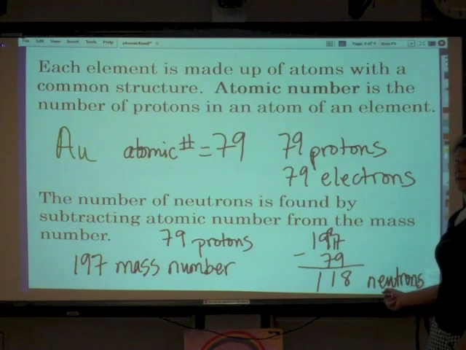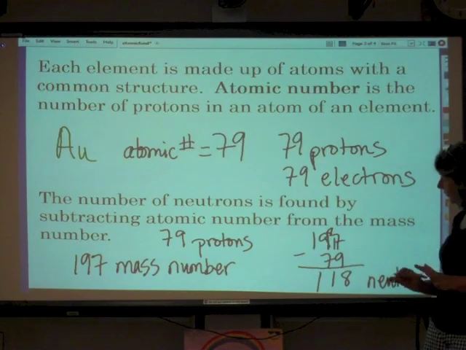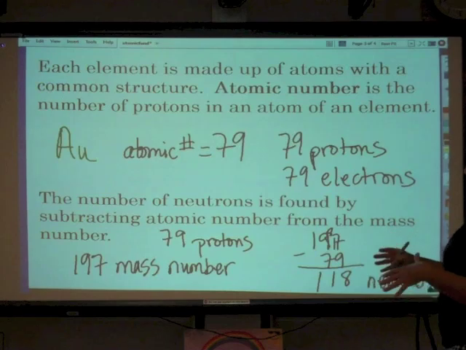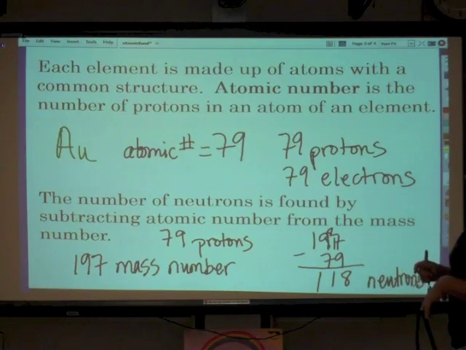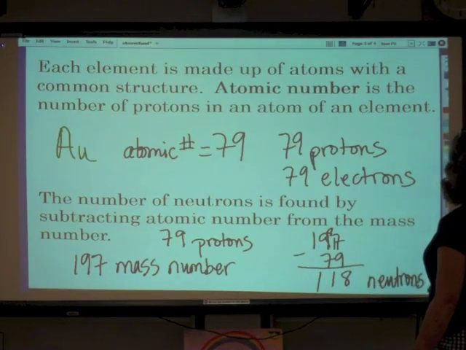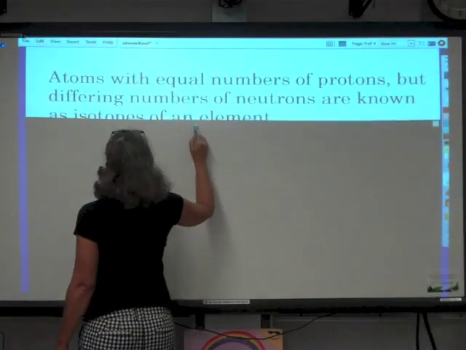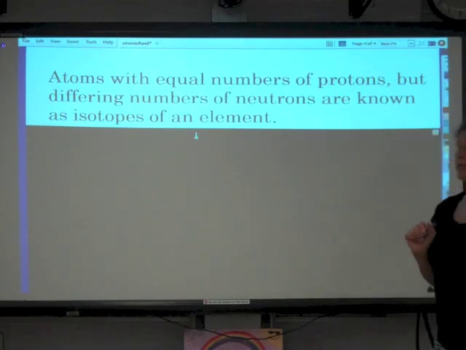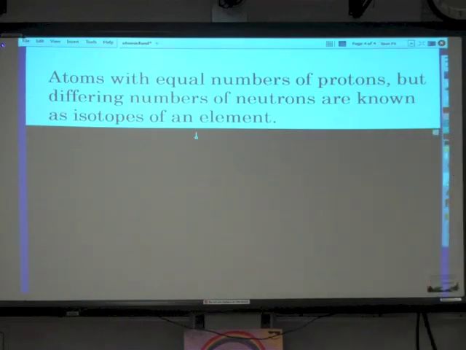But not all gold atoms have 118 neutrons. They will vary. So we name this isotopes of a particular element. Atoms with equal numbers of protons but differing numbers of neutrons are known as isotopes of an element. And of course, we'll be doing problems about this tomorrow, so we'll get this all cleared up.